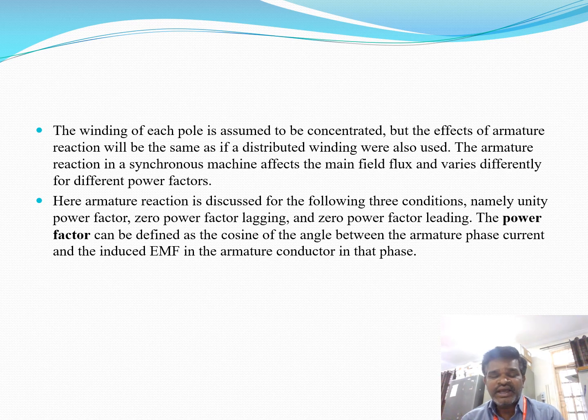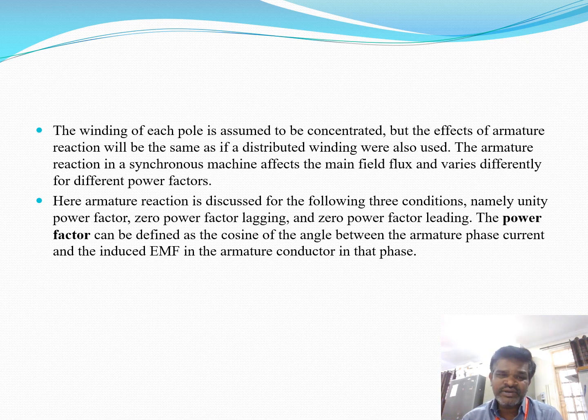Now the effect of armature reaction changes depending only on the type of power factor and the magnitude of the current. So the armature reaction is discussed here under the following three conditions.